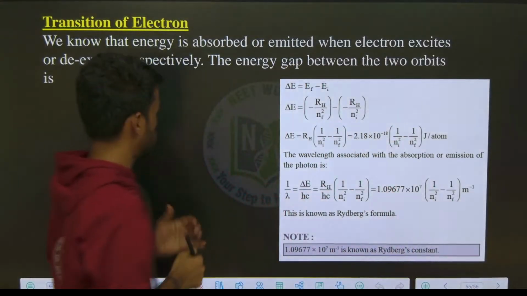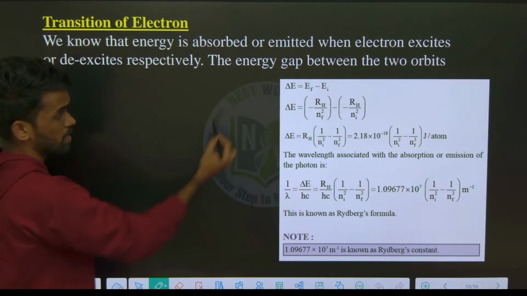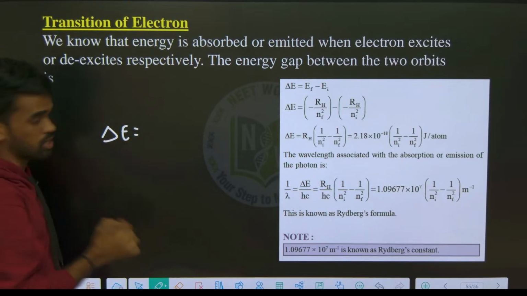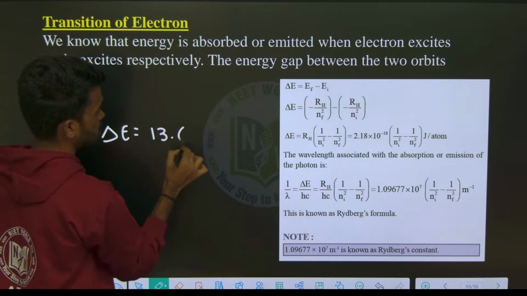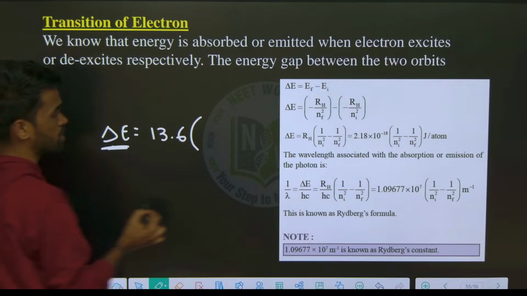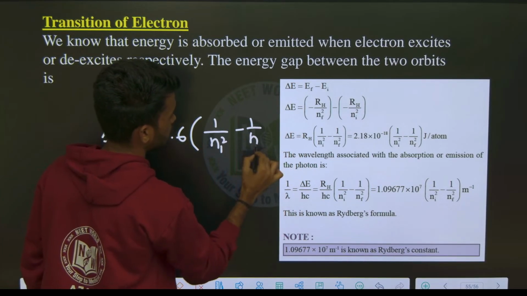So now, energy transition. We discussed E final minus E initial, like energy difference. If I want to talk in terms of electron volts, you simply take minus 13.6 times 1 by N1 square minus 1 by N2 square.